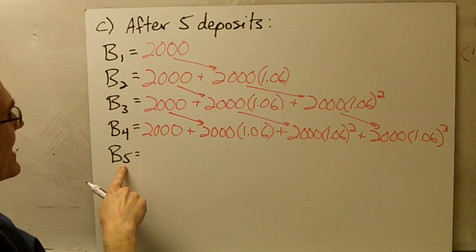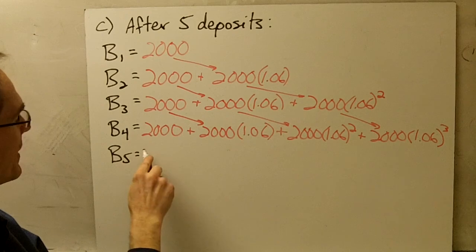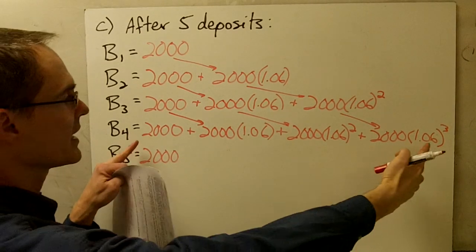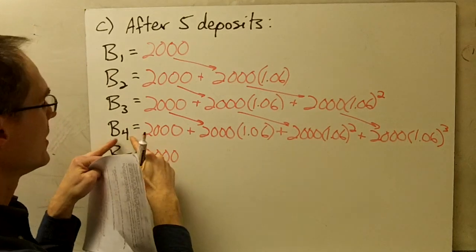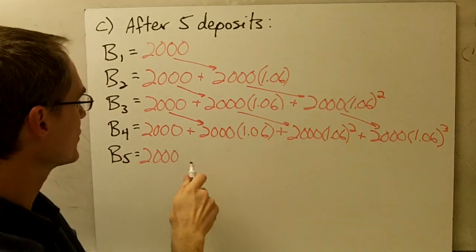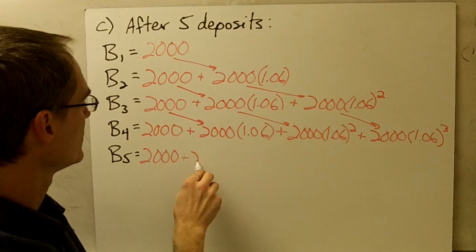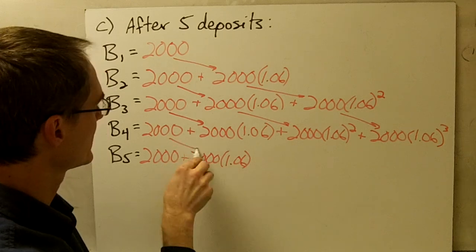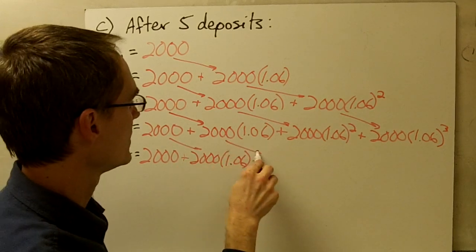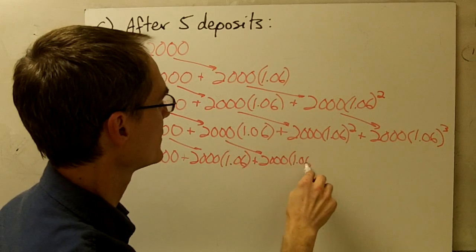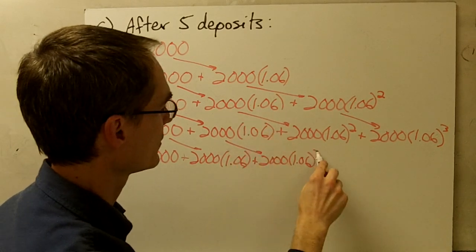Now finally, my last deposit here, my fifth deposit of $2,000. And once again, all of this money that was in my account here is going to have earned another 6% interest. So this is going to be $2,000 times 1.06. That's that money. This is going to be $2,000 times 1.06 squared.